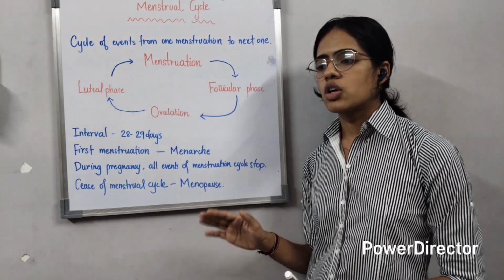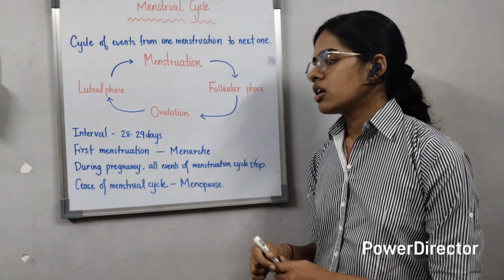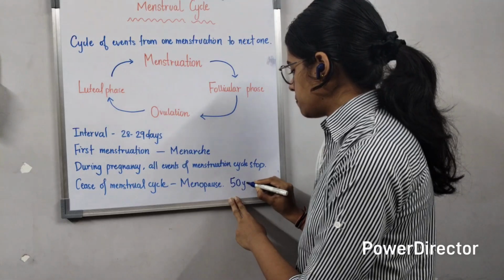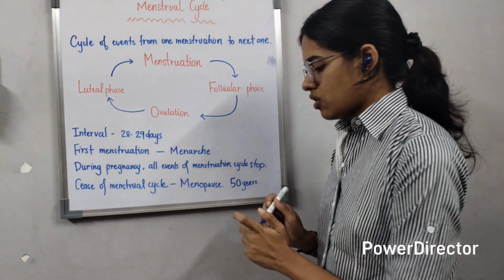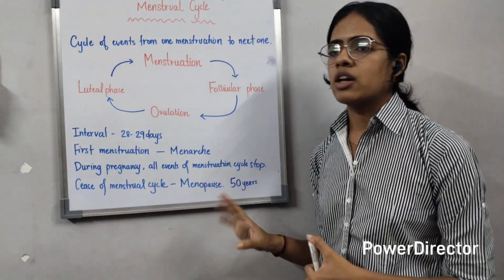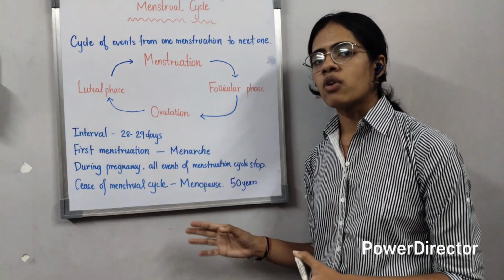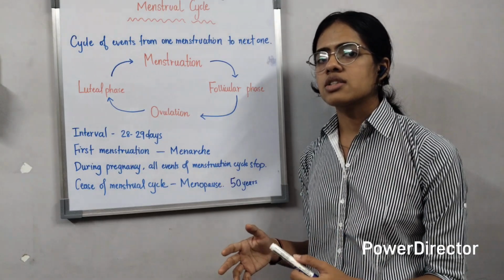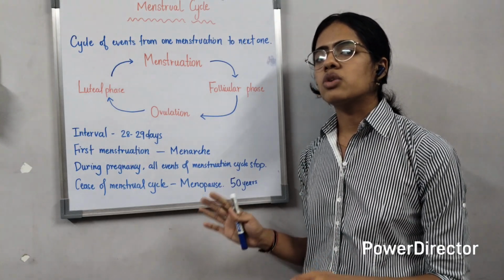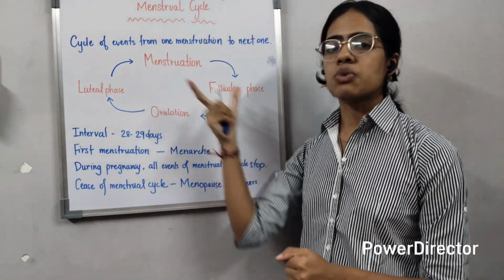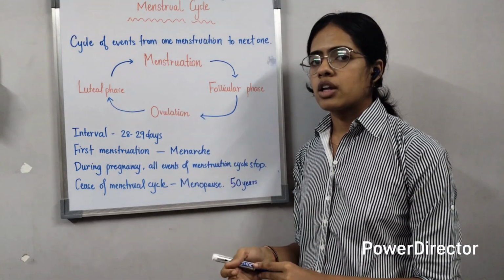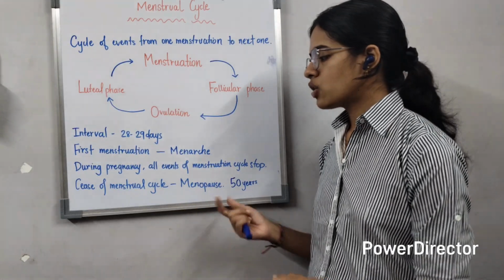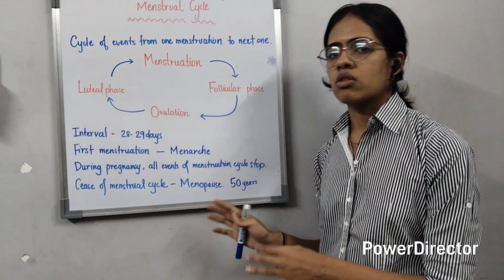Generally the age is 50 years, or around that period of time, maybe 45 to 55, the female human body will undergo some hormonal changes, and this will lead to the complete stopping of the menstrual cycles which occur in a regular interval, and this is termed as menopause. It occurs in humans at the age of 50 or around 50.